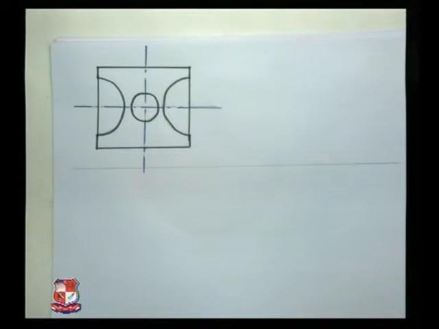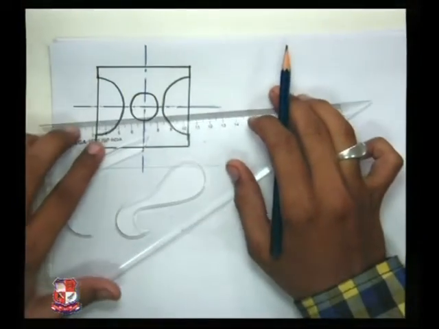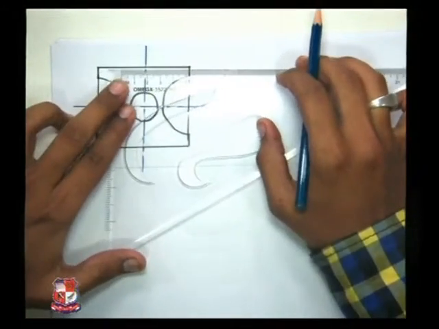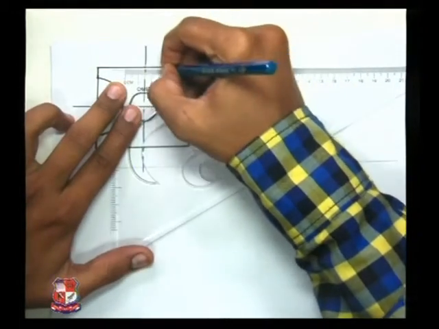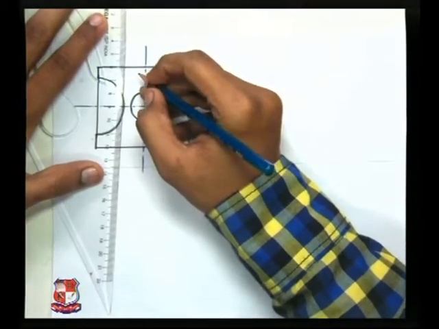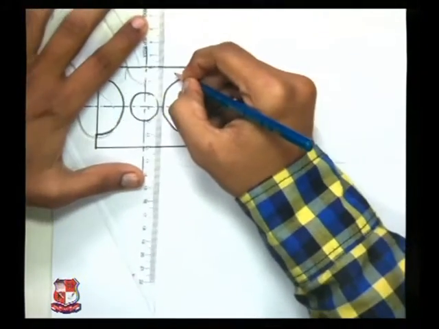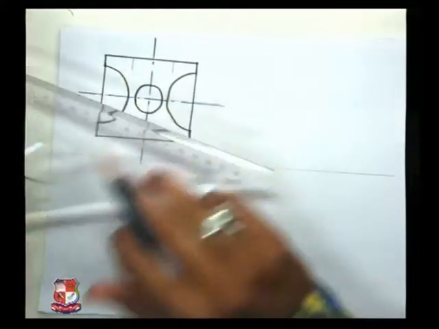And we have a slot above, a total slot of 30 mm, which means 15 mm on each side, and its lower distance is 10 mm, which means that this kind of slot is there.